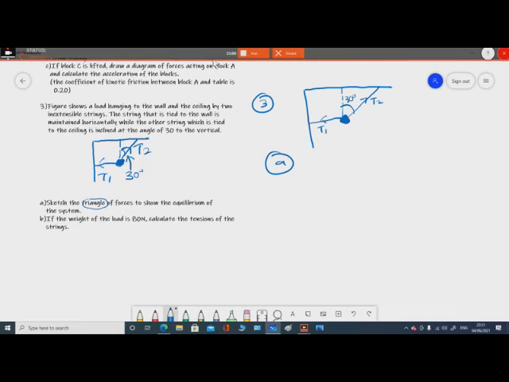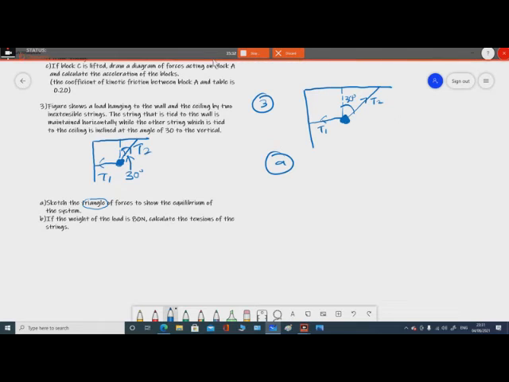As we mentioned about the vector diagram for an equilibrium system, if the system is in equilibrium, the vector diagram will show either a clockwise direction or an anti-clockwise direction. So let us draw and see whether the result is clockwise or anti-clockwise.